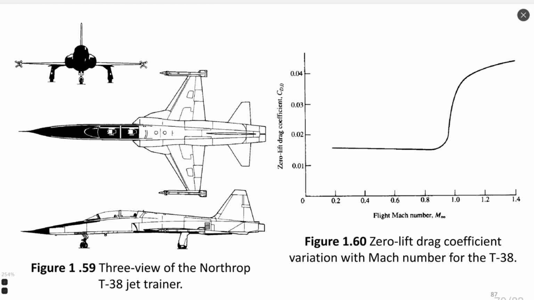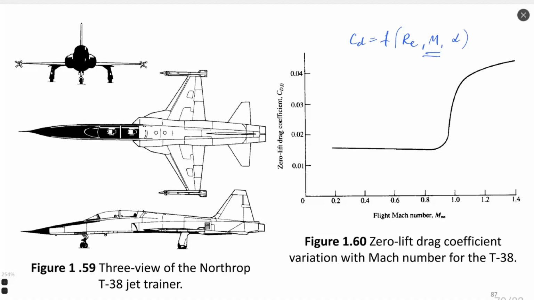One more time, I'm writing that CD is a function of Reynolds number, but also Mach number and angle of attack. This is from the Buckingham Pi theorem, as you might remember. So Mach number has a significant impact on change of drag coefficient for compressible flow.